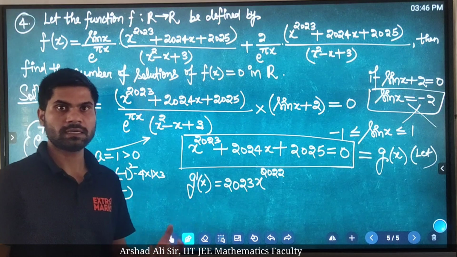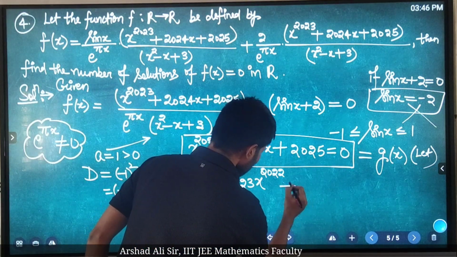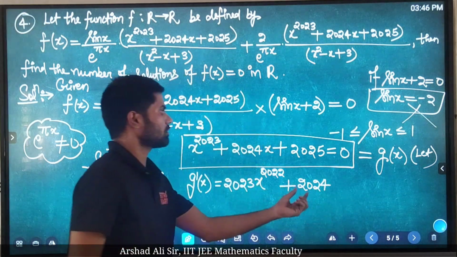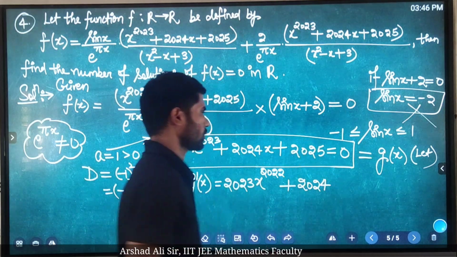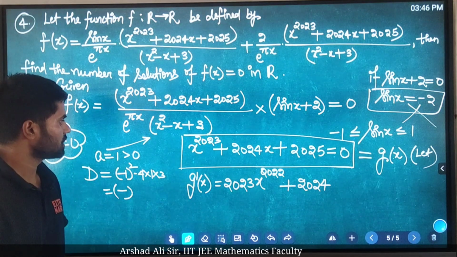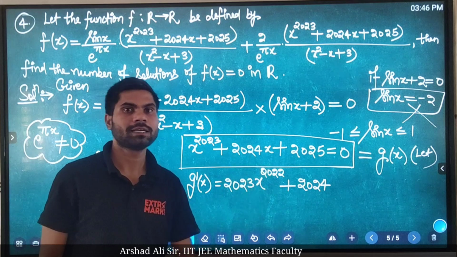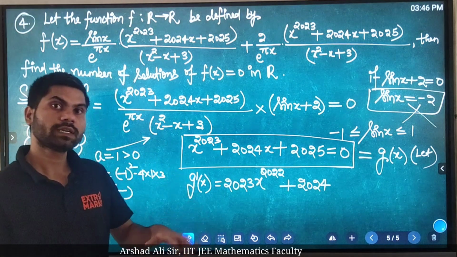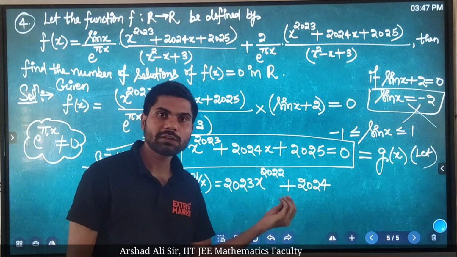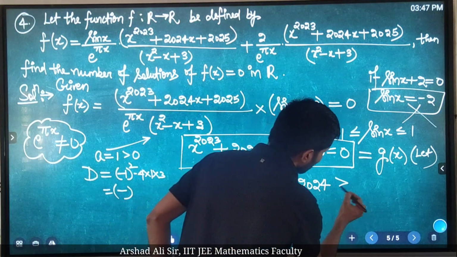Derivative of x to the power n is nx to the power n minus 1. After that 2024x, so derivative will be 2024 and constant derivative is 0, right? So now we got g dash of x equal to this one, x to the power 2022. Now we know 2022 is an even number, so instead of x you can put negative number, positive number or 0. Definitely you will get positive answer.